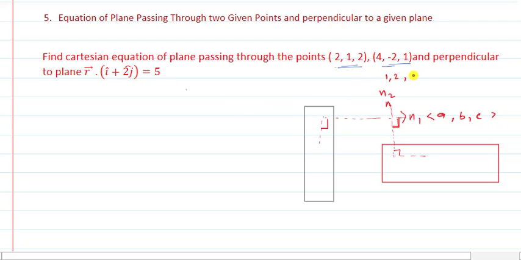So by using the dot product between these two, we can have an equation in ABC, and one equation we already have in ABC. So now the steps are the same. Solve the two equations for ABC, put them into equation number 1, and that will help you to find out the equation of the plane.